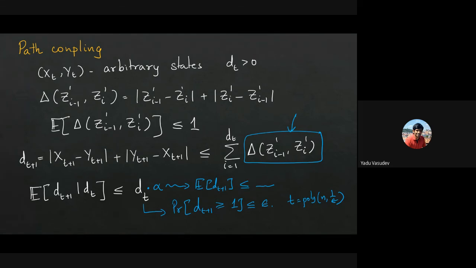It is a technique used in many different places, and it is used here for proving this bound on the mixing times. I think I'll stop now. So this is one technique to prove a bound on the mixing time.